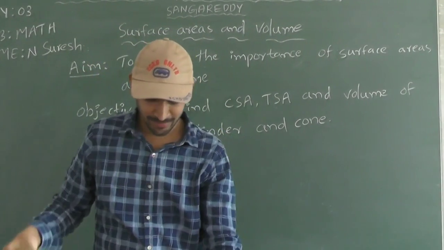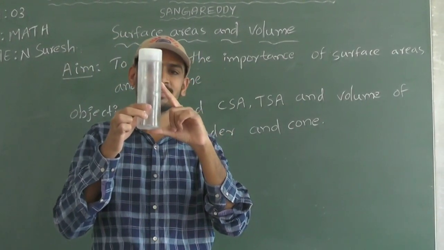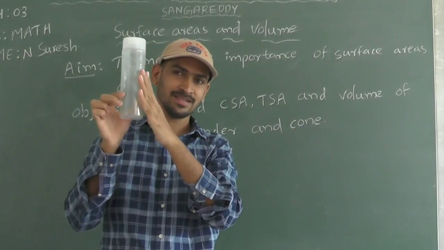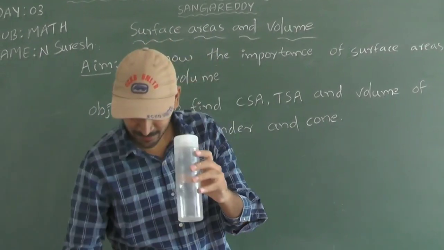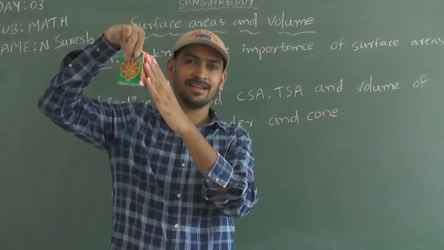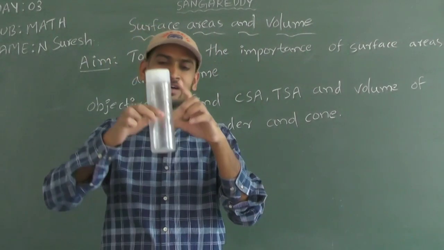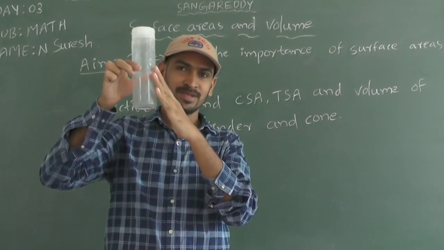Now we are going to find the first CSA. Why are we saying CSA? Curved surface area. This surface is curved, not like the last class, where the areas were flat, not curved. Today onwards, for the cone or cylinder, we have a curved surface area.